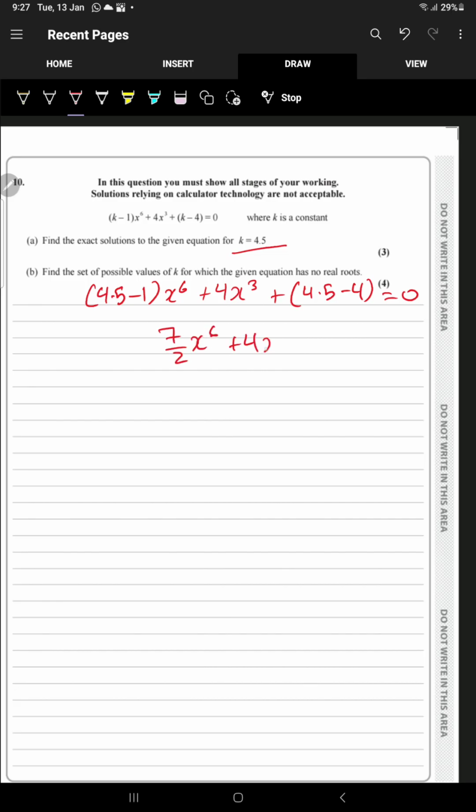Now this is a hidden quadratic. So this means that we can rewrite this to the power of 2 and rewrite this to the power of 1.